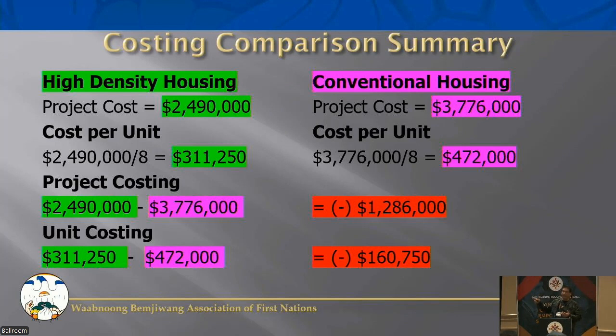Cost per unit for the conventional was $472,000. So if you take away the conventional from the high density project cost, we have a shortfall of $1.286 million compared to conventional. The unit costing difference is about $160,000 per unit.